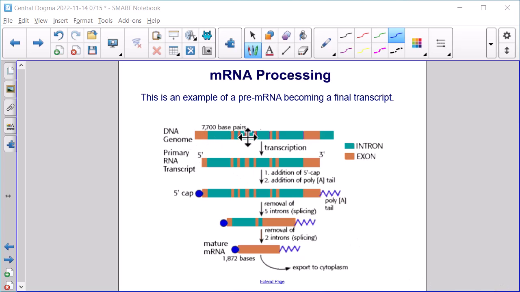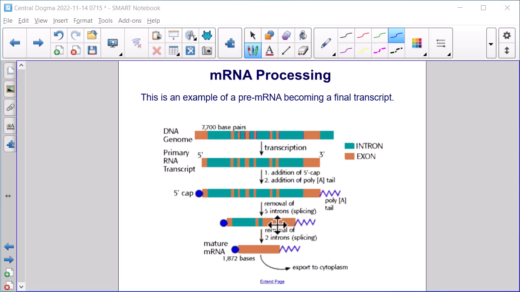Here's our DNA genome that's transcribed into our primary RNA transcript. Then we add the 5' GTP cap and the 3' poly-A tail. Then we have the removal of 5 introns and splice together.